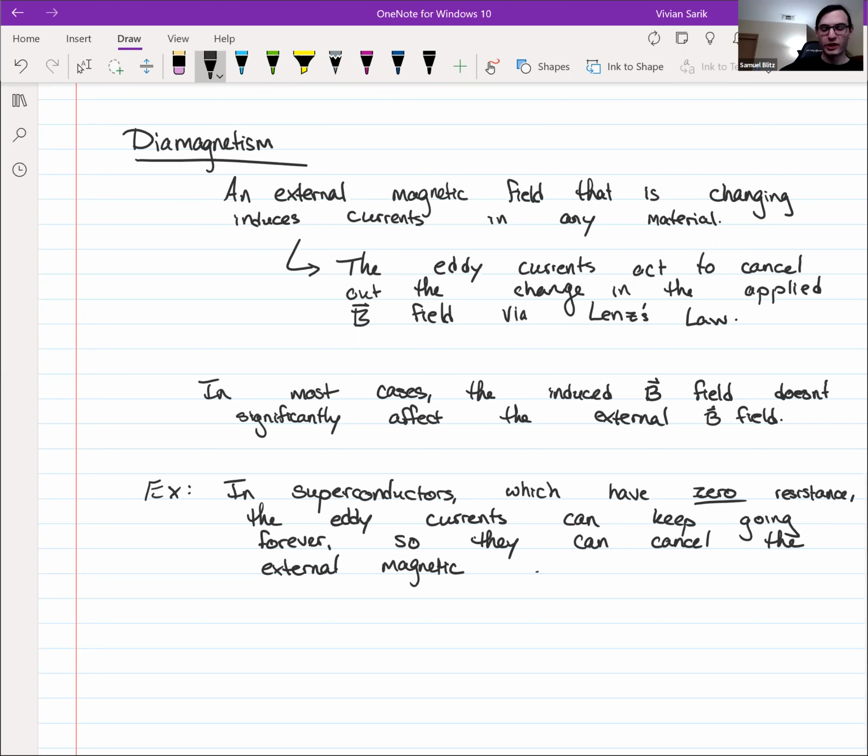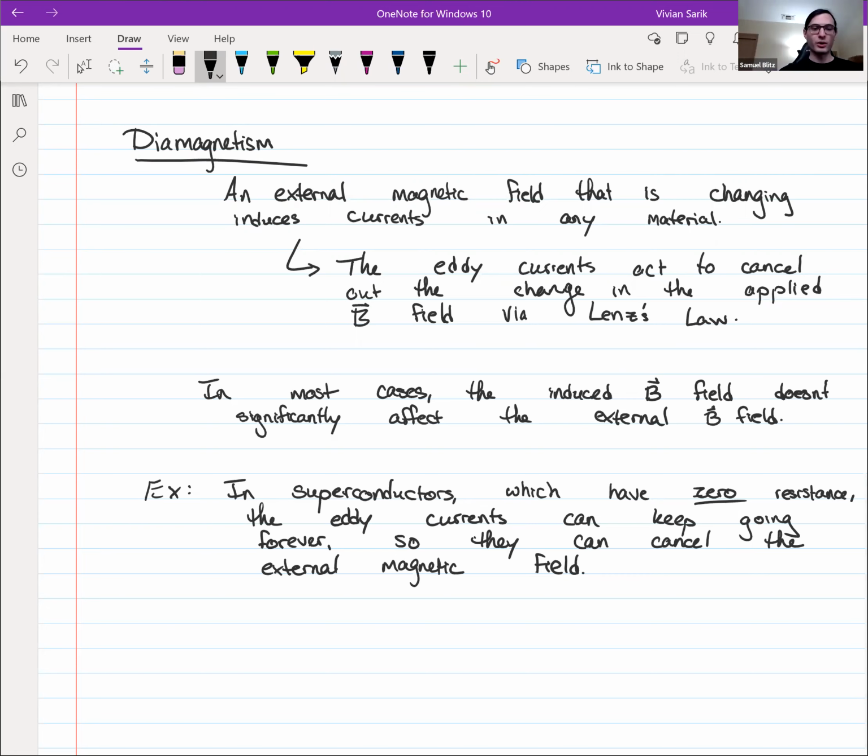And so the end result of this phenomenon is, if you take a superconductor and put it in a constant magnetic field, the magnetic field inside the superconductor is just zero. The eddy currents 100% exactly cancel it out.